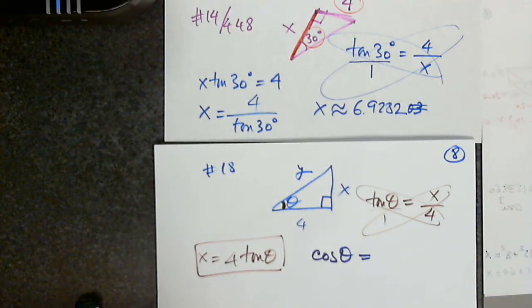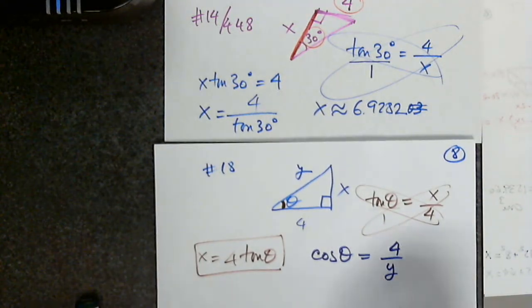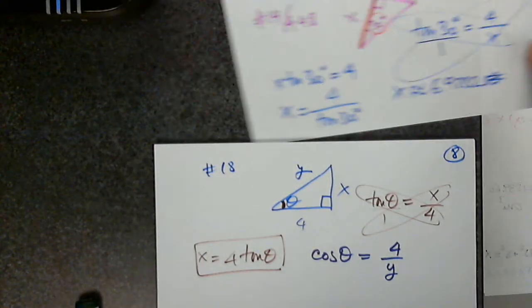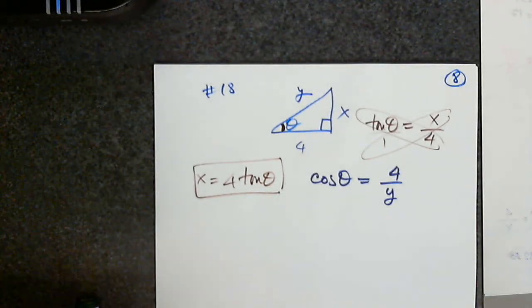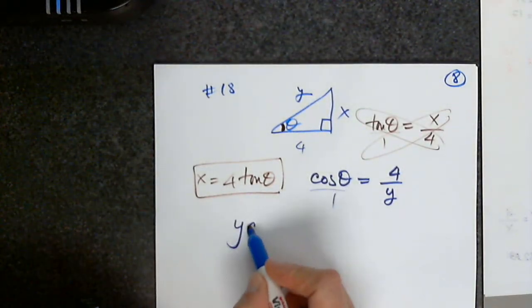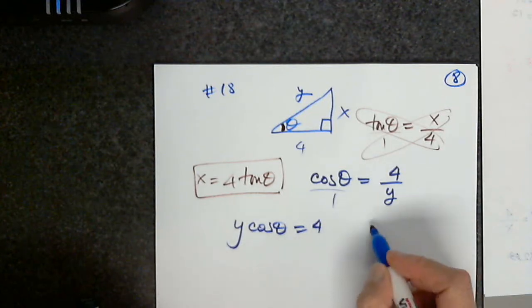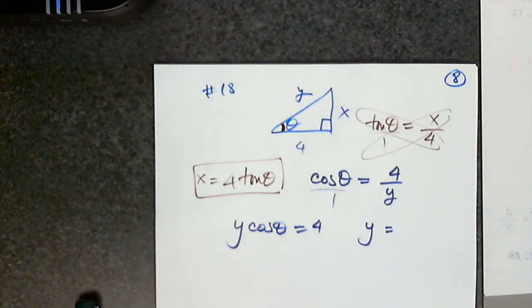Careful. If I make the mistake to write y over 4, then cosine will be more than 1, and that's not possible. So it's 4 divided by y. And then like I did before, I will cross multiply. So y times cosine theta equals 4. And now I have an expression for y that only depends on theta and nothing else.